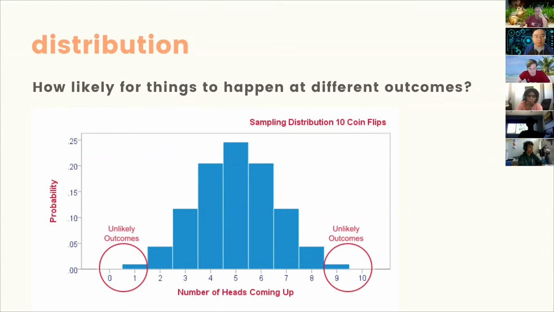What's the most likely thing that's going to happen? If you toss it 10 times, you count the number of heads. What's the most probable outcome for the number of heads? 5. That's right. And you see the 5, that's the highest bar there. See that? What's the chance if you have all 10 heads? Unlikely.